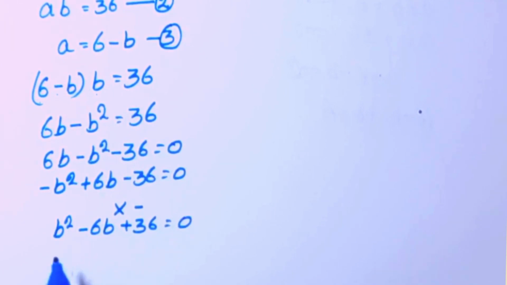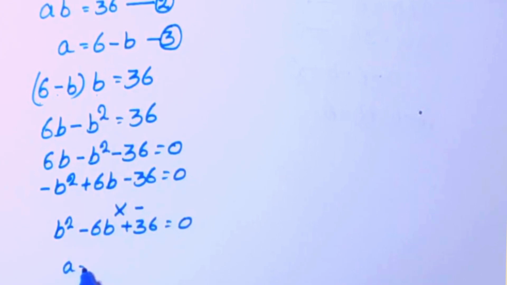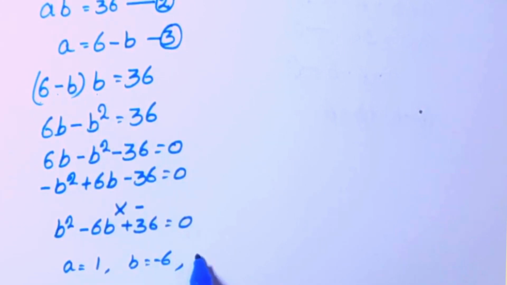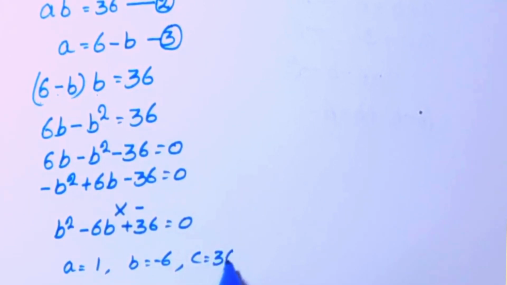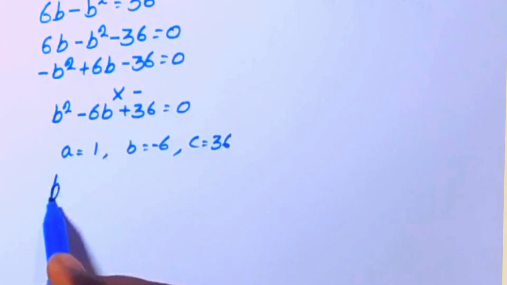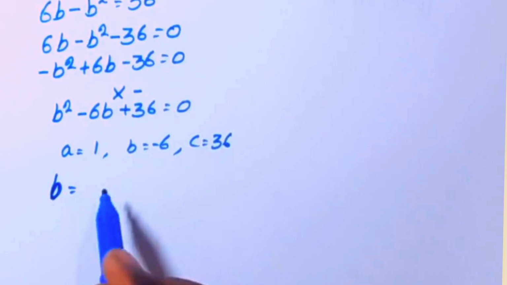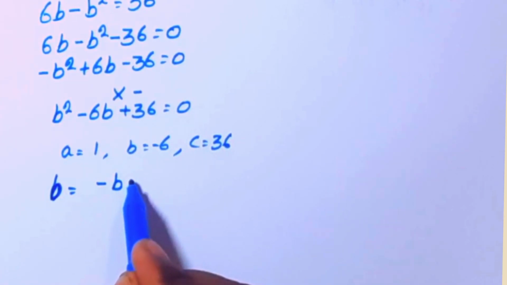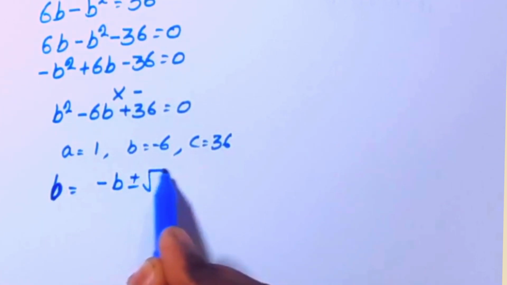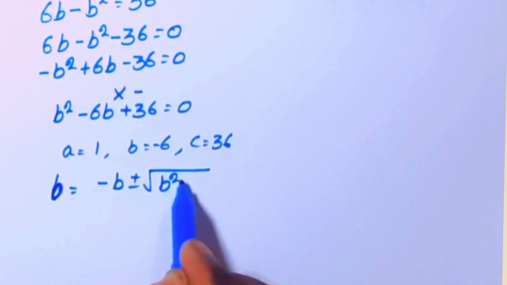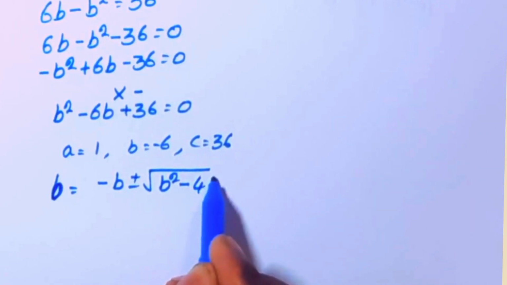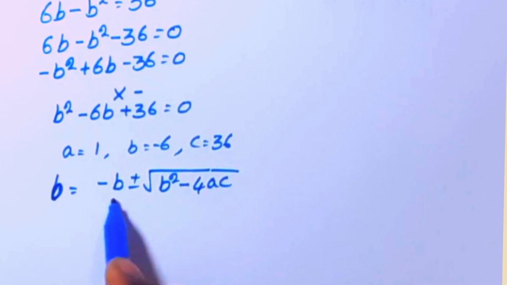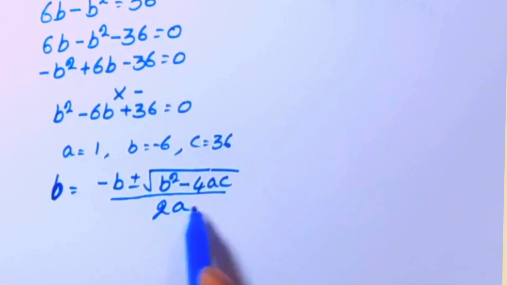So we'll get here a equal to 1, b equal to minus 6, c equal to 36. We are going to find b here. b equal to minus b plus or minus square root of b square minus 4ac, by 2a.